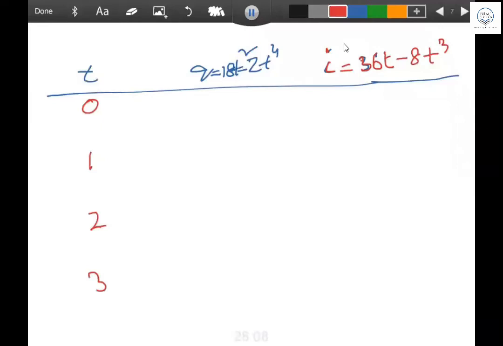But if you want to do a better graph, you can consider another interval like 0.5 in between, then 1.5, 2, and then 2.5, 3. That will give you a much clearer graph for these things.